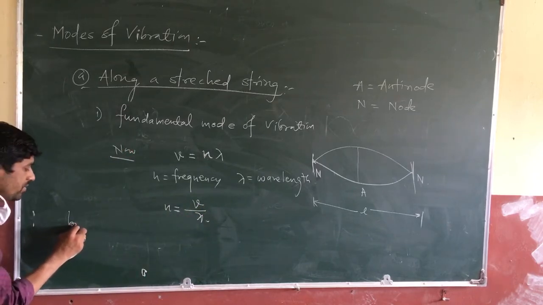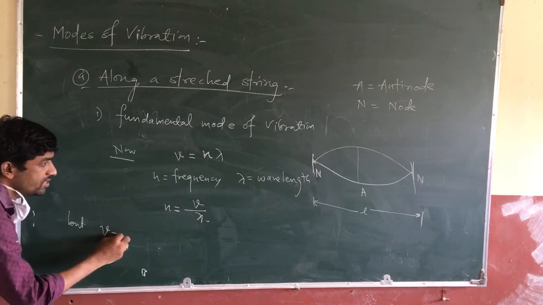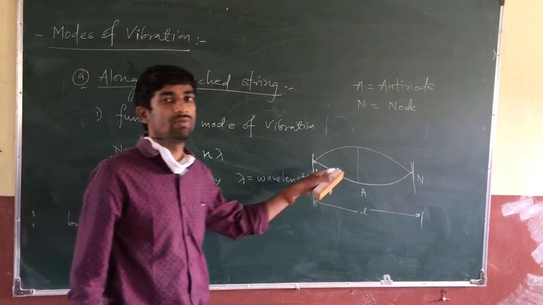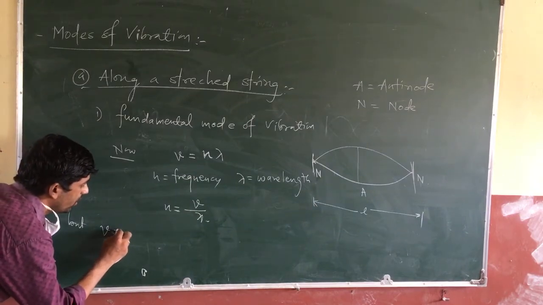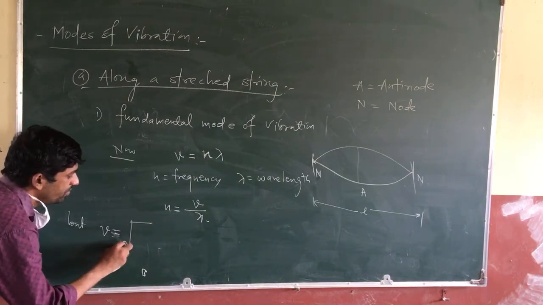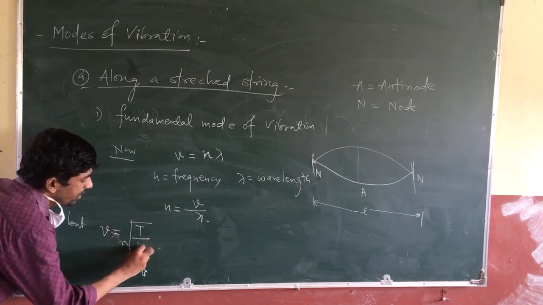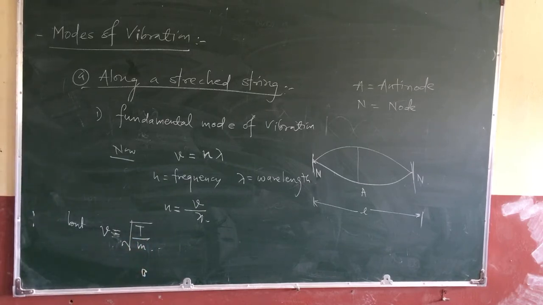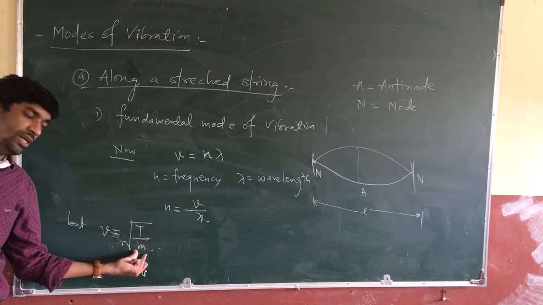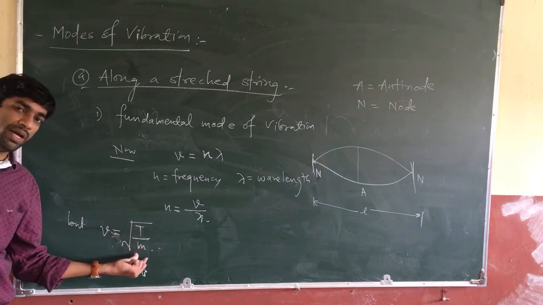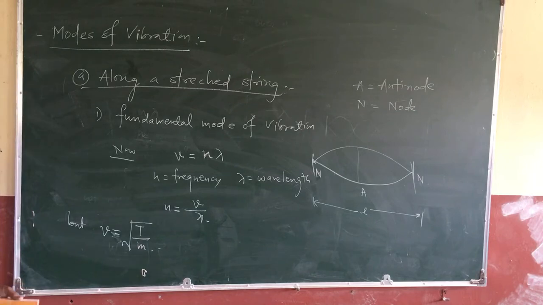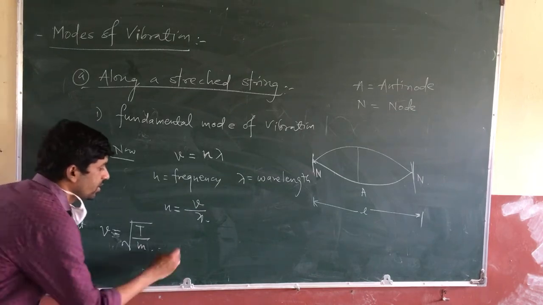But what is the velocity? This is a transverse wave. What is the equation for the velocity of a transverse wave? Velocity is the square root of tension divided by mass per unit length.